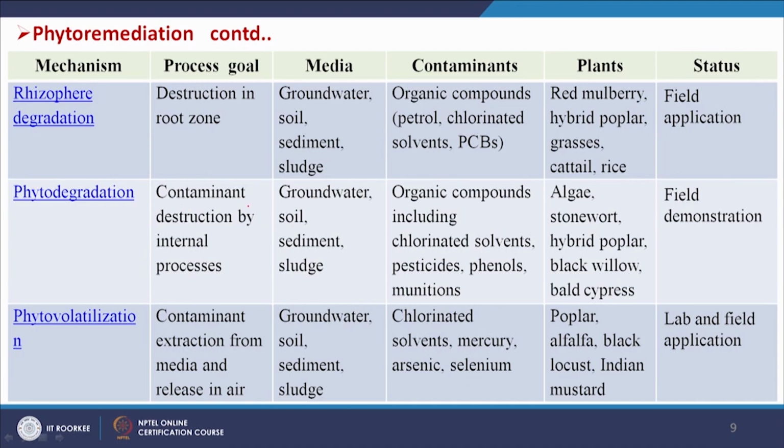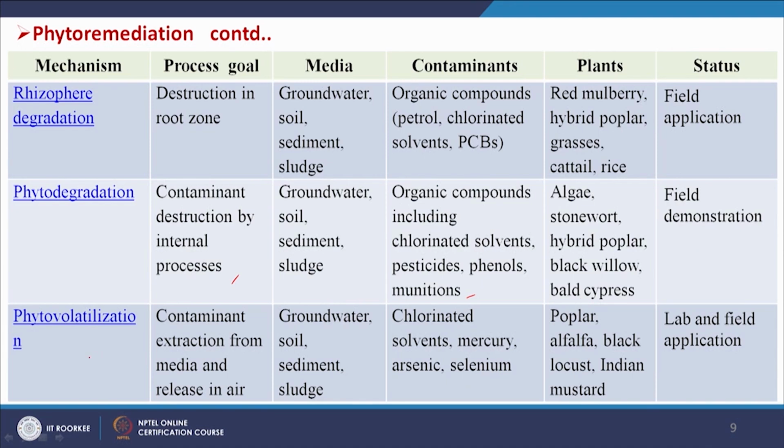Phytodegradation, where the objective is contaminant destruction by internal processes, and groundwater, soil and sediments, anything has been used, and organic compounds including chlorinated solvents, pesticides, phenols and munitions have been treated. Algae, stonewort, hybrid poplar, black willow and bald cypress have been used in field demonstration.